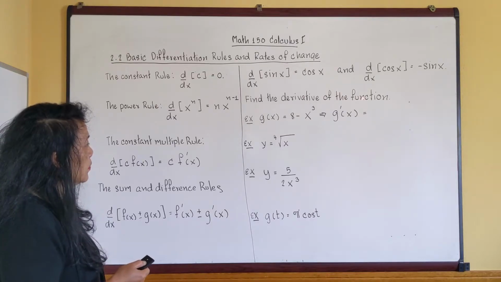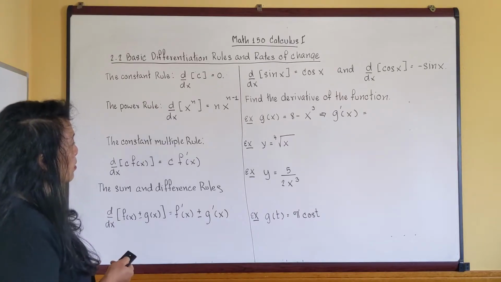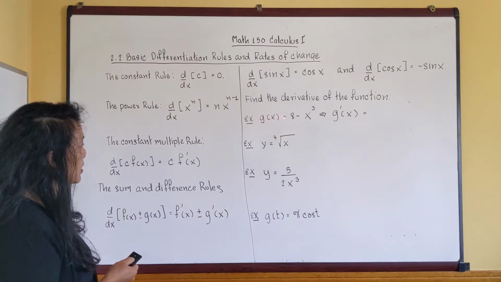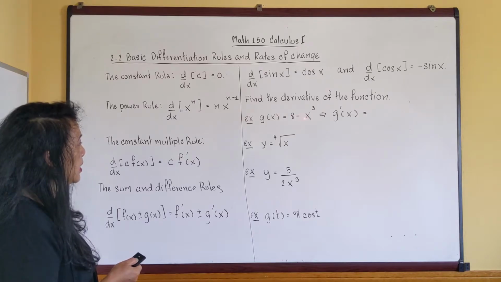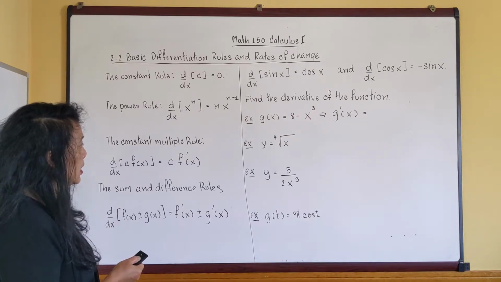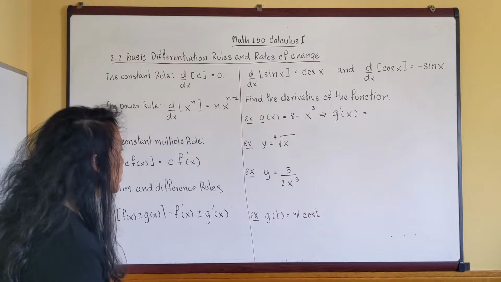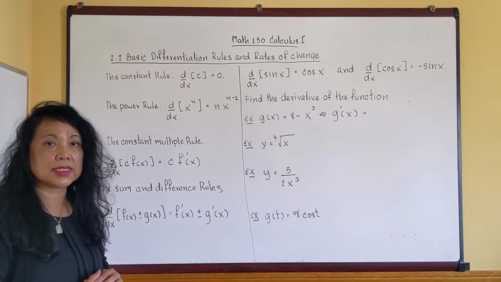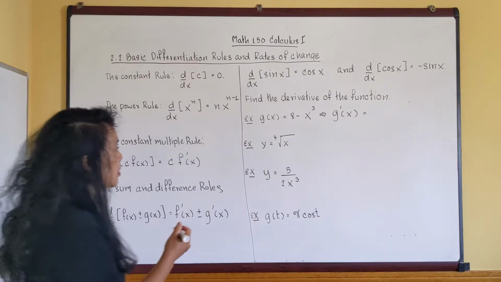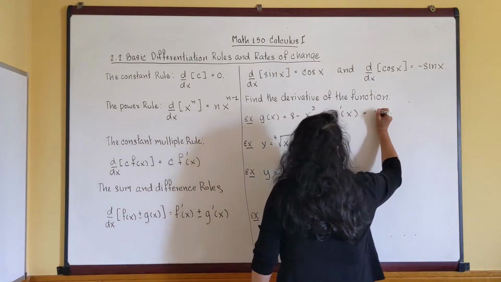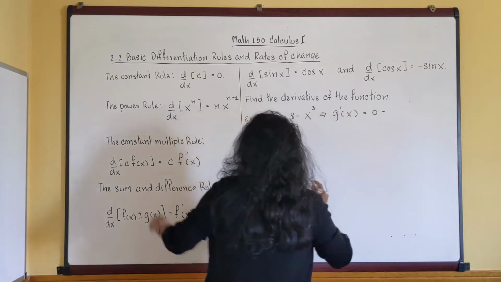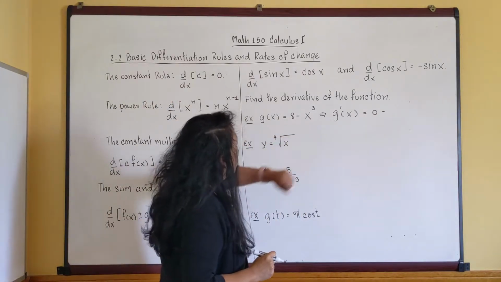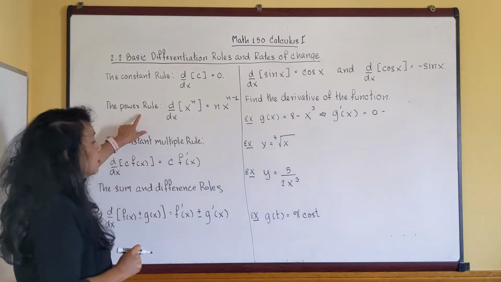Find the derivative of the function. The first one, I have f of x equal to 8 minus x cubed. If you take the derivative of each term, the derivative of 8, a constant, would be 0. I use the constant rule here. The second term, I have to use the power rule.